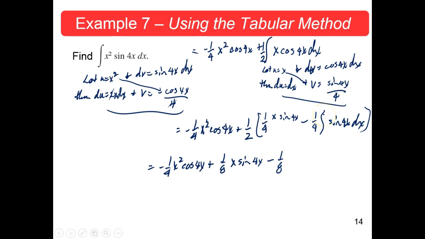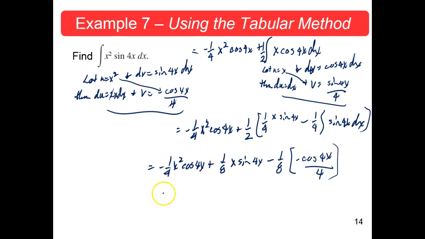And if you do that integral, what do you get? Sine of 4x. Antiderivative of sine. Negative cosine 4x over 4. Okay?